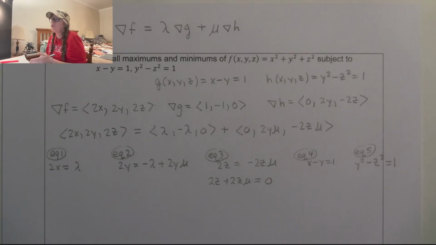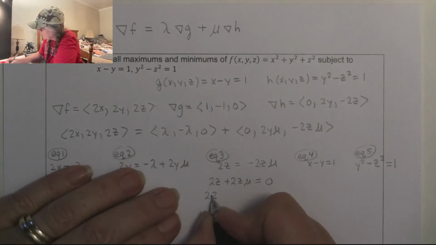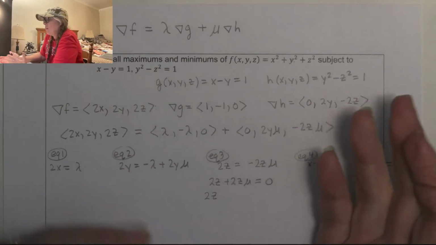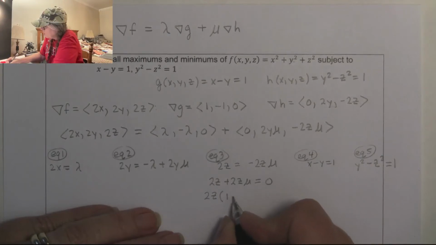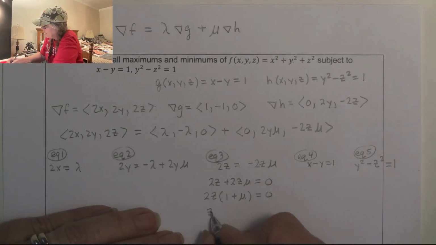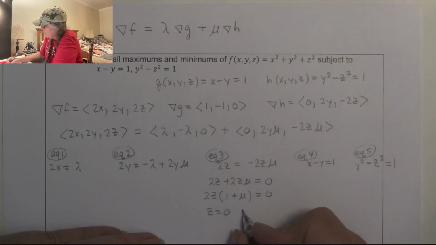You can divide by 2, and that would have been okay. But dividing by z would have given me fewer solutions. And the solution that I would be losing is z equals 0, which is a really, really good foothold for me. Also, I have 1 plus mu equals 0.